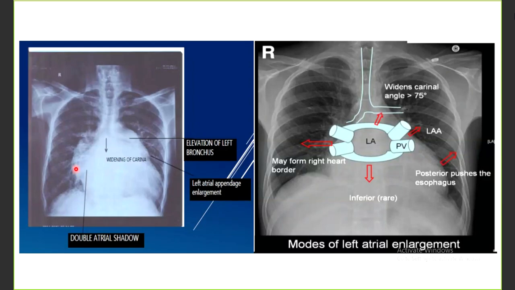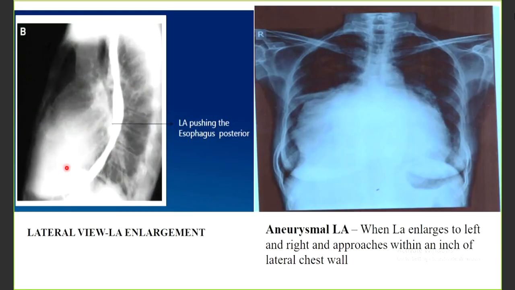And sometimes when the left atrium enlarges quite a lot, it may even cross over the right atrial shadow. This is an example of the left atrium pushing the esophagus as seen well in barium swallow. Very rarely you can have aneurysmal left atrium as seen in this X-ray, where the left atrium enlarges so big that you think there is huge cardiomegaly.